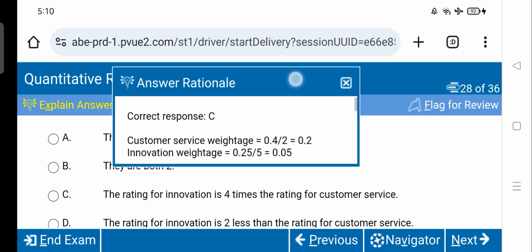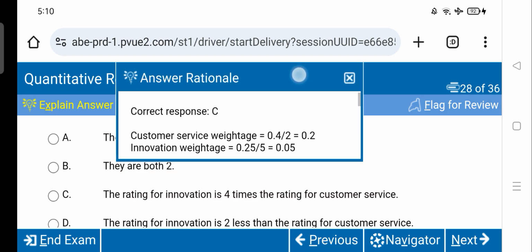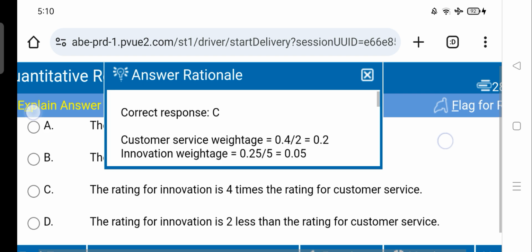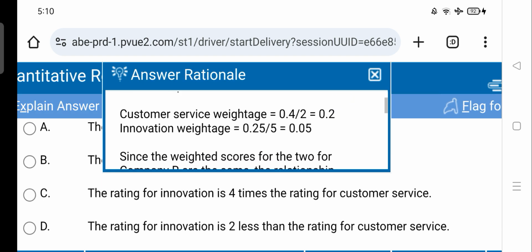So here we have the correct response is option C, as the customer service weightage equals 0.4 by 2 equals 0.2. Innovation weightage equals 0.25 by 5 equals 0.05.